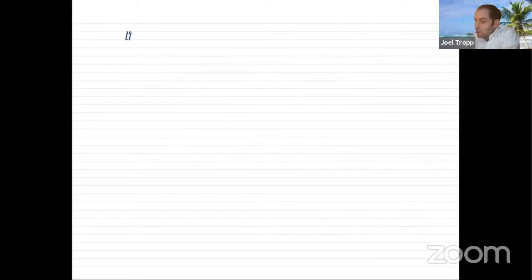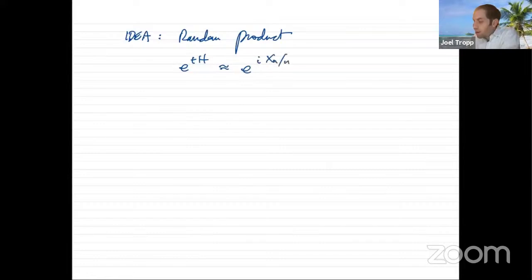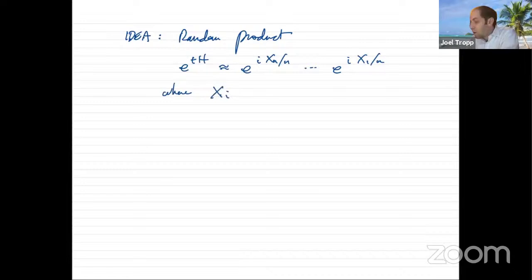So the idea behind a random product formula is to try to write e to the iH as e to the i X_n divided by n times through e to the i X_1 divided by n, where the X_i are random and simple.